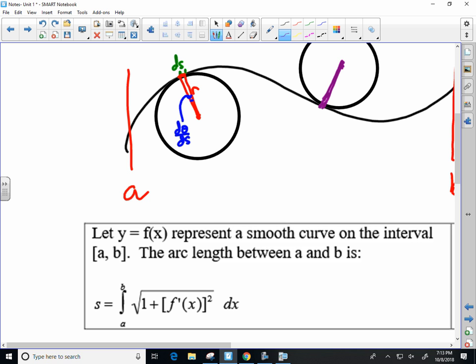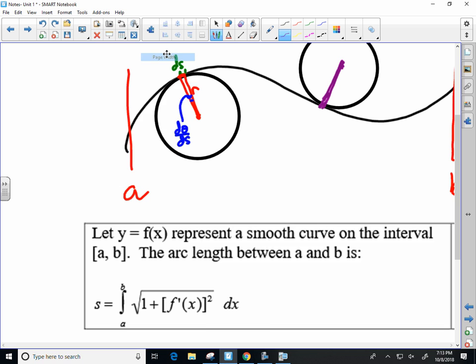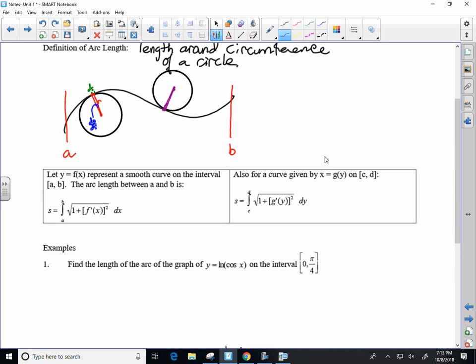If I were able to find all possible circles from A to B, all possible smidges, then I would have the arc length. So I just need every single one of those ds's, and if I can do that, I just add them up.